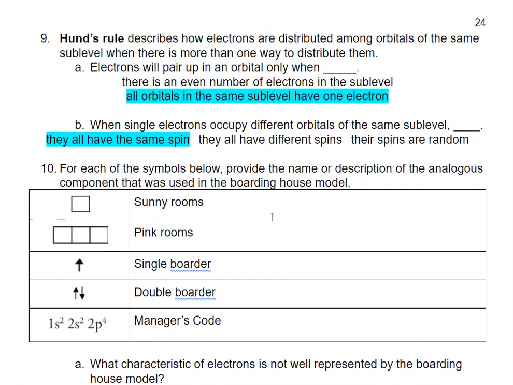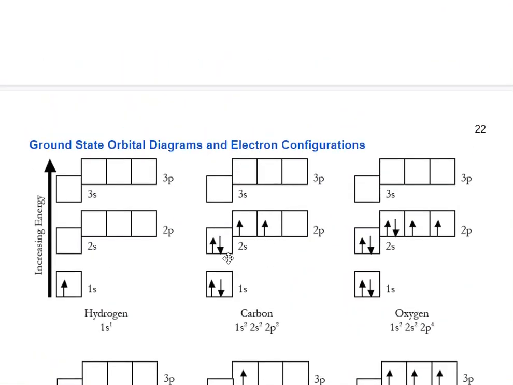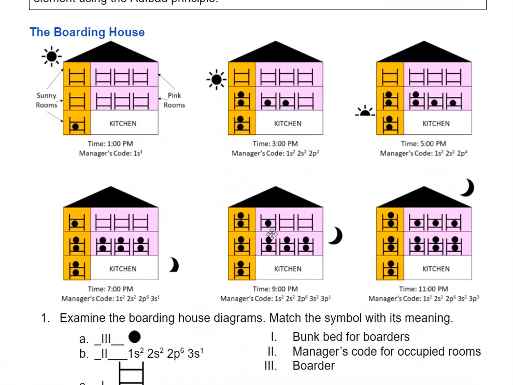So if we look at our orbital fill diagrams here, notice that 2s is a little bit lower than 2p, but whenever we look at our boarding house model, the sunny room and the pink room are on the same floor. So this boarding house model doesn't really represent that very well.